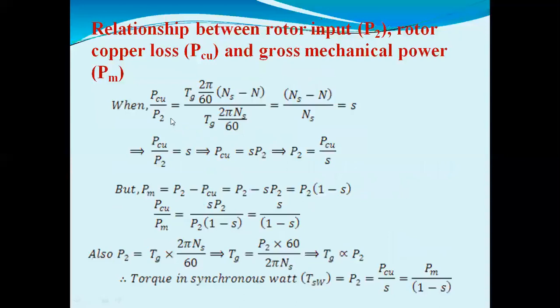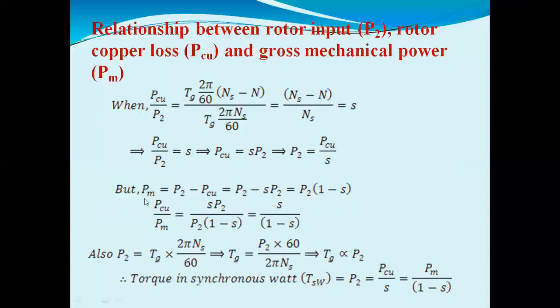Dividing those two, PCU by P2 equals (Ns minus N) by Ns, which equals s. So PCU by P2 equals s, PCU equals s into P2, so P2 equals PCU by s.